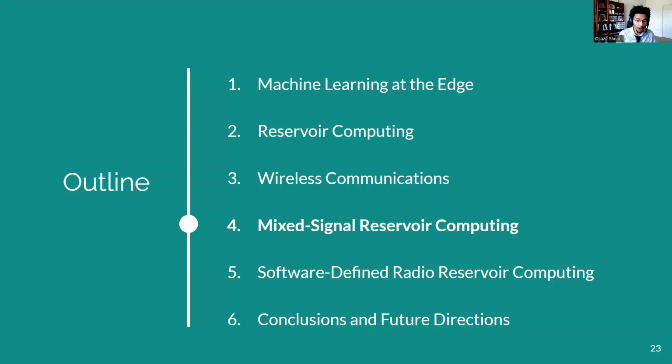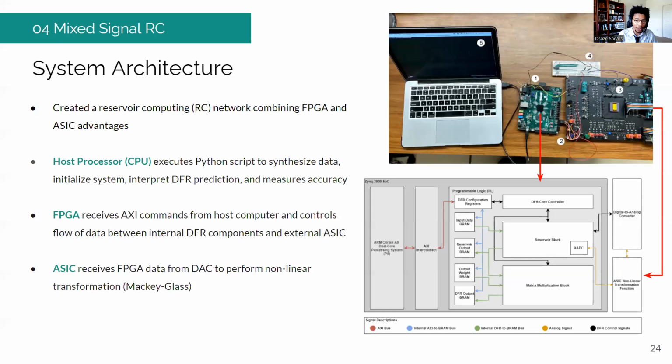So first we explore the initial implementation, which is the mixed signal implementation. With this approach, we use an FPGA to communicate with an ASIC, and that combined realizes the hardware delayed feedback reservoir. The system architecture is shown on the bottom left.